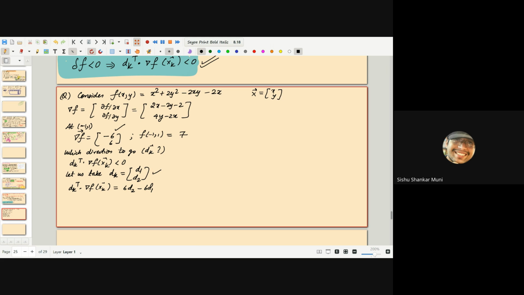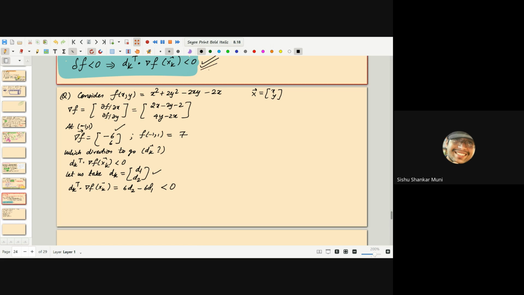The dot product will be 6d2 minus 6d1. After this, what should I do? Yes, it should be less than 0. dk transpose dot grad f should be less than 0.